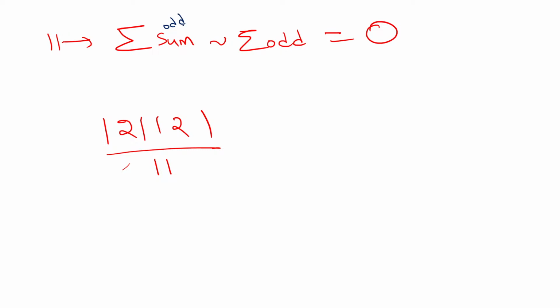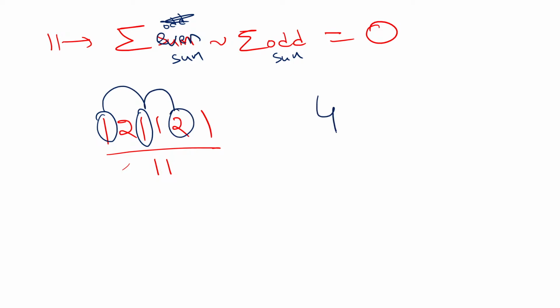I am not saying odd numbers, I am saying odd places. That means the first place, third place, fifth place. Add all these numbers, 1 plus 2, that is 3, wait, 1 plus 1 plus 2, that is 4. Add all the even places, 2 plus 1 plus 1, 4. Subtract one from the other, you should get 0. Then only that number is divisible by 11.